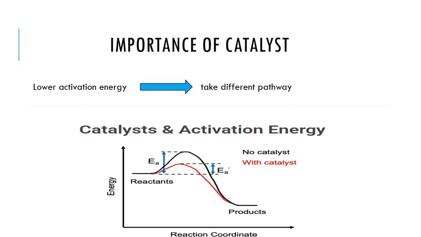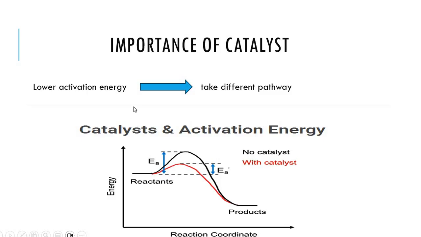And then what's the importance of catalyst? For a chemical reaction, it has many different types of benefits. The most important one is that it lowers the activation energy of the reaction. So what is the activation energy in a reaction? Activation energy is the minimum energy required in order to start a reaction.